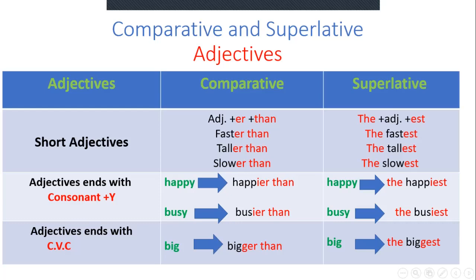The last letter here is G. So we will double another G, bigger than, before adding ER plus than. We double the last letter before adding ER, and also to make the superlative, we double the last letter before adding EST.